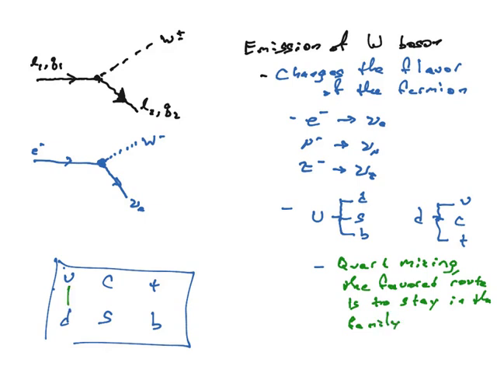This is first family, second family, third family, or generation. First generation, second generation, third generation. So when an up becomes a down, it's staying in its own family. If an up becomes a strange, it's crossing into a different generation. So for quark mixing, the most favored route is always to stay in the family. If you cross, a cross-generation is suppressed.